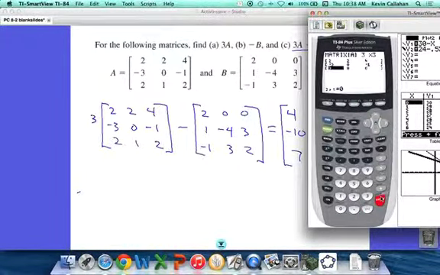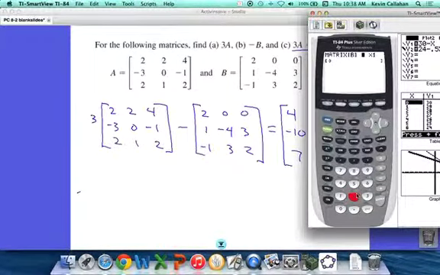Then we have to do the B. So go back to the matrix button, however you get there. Second, x to the minus 1, go over to edit, and this time select 2 for the B matrix.